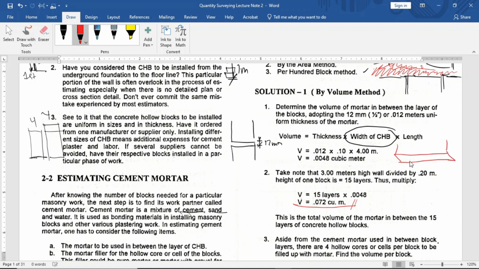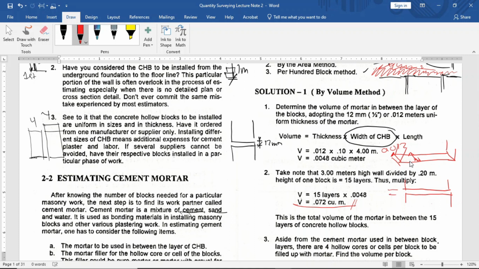Ito yung 0.012 dito, tapos times 0.10, kasi ito yung thickness natin is 0.10, so 4 inches times the length. At parang ito yung palaman ng ano natin. Ito yung cross-sectional, ito yung side view.